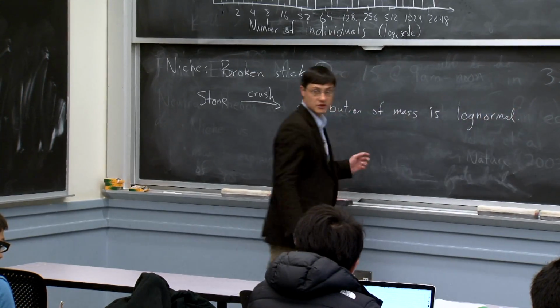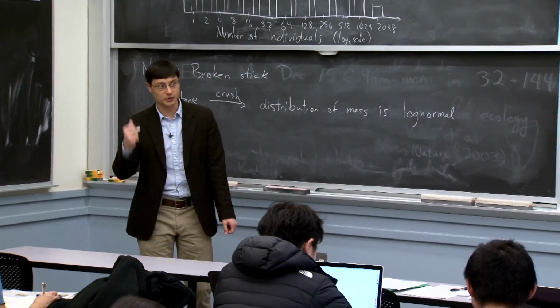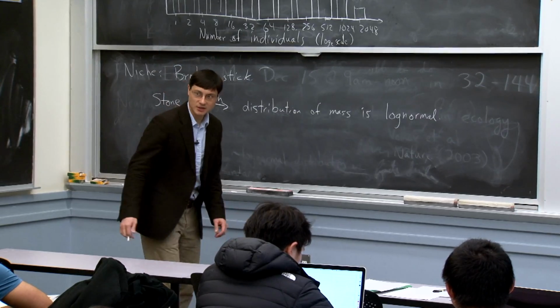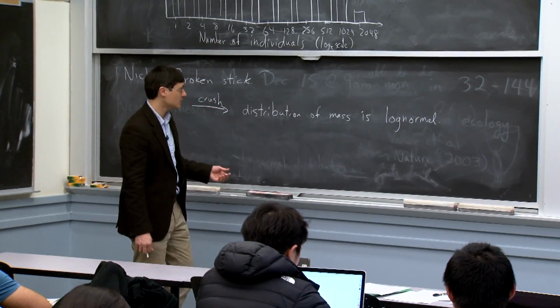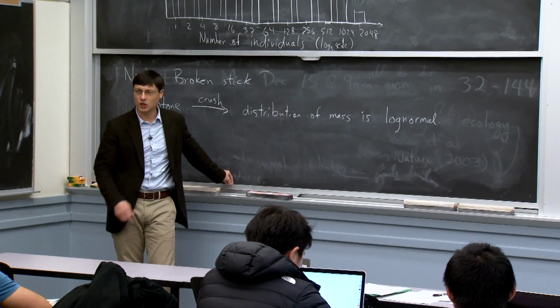Just take a stone, grind it under your boot or hammer it, and you'll get some distribution of fragments. You can measure the mass of each fragment, and indeed you end up getting a log normal distribution.